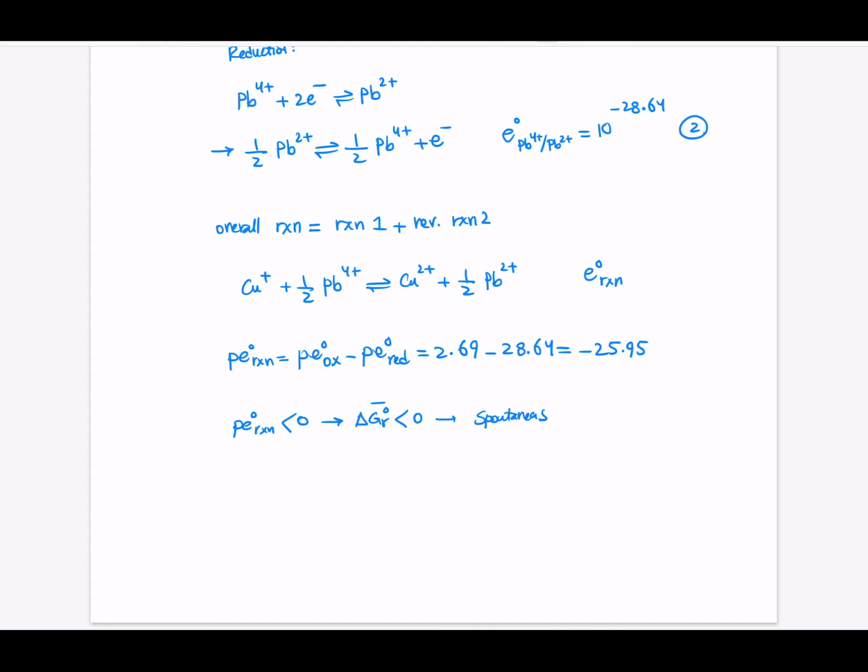Again, this is at standard condition, a very specific condition, but you could actually calculate for non-standard condition and see whether delta G is eventually negative or positive. And as you can see, by changing the concentration of copper plus or Pb4 plus, you can also change the direction of the reaction to go from non-spontaneous to spontaneous, or vice versa.